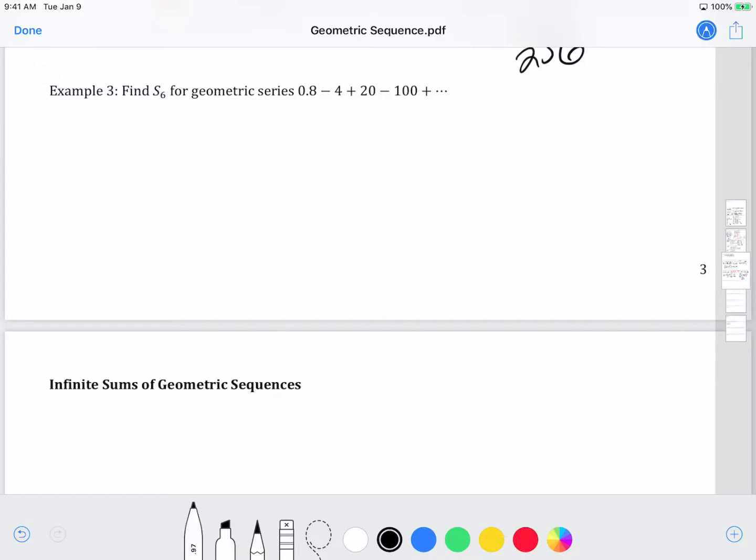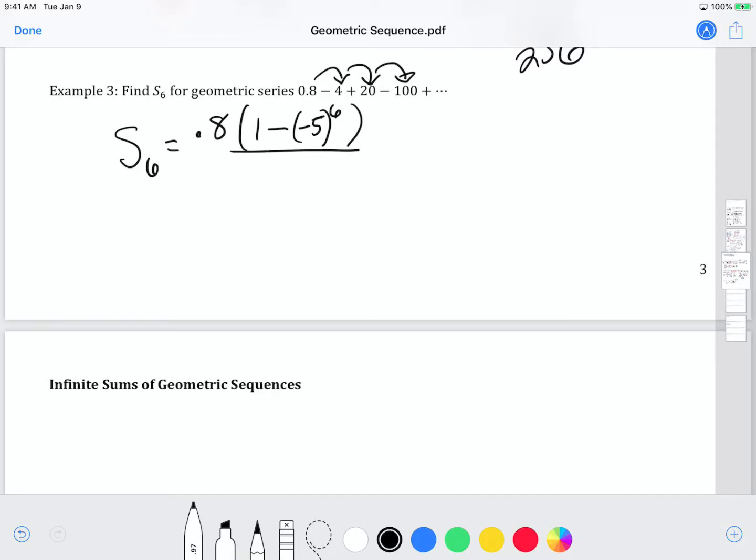Okay, example 3 says find S6 for the geometric series. So I need to take the first term, which is 0.8, and multiply it by 1 minus r to the 6th. R is going to have to be -5 because -5 is what I multiply by to get each of the next terms.